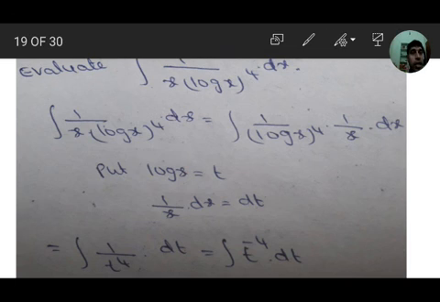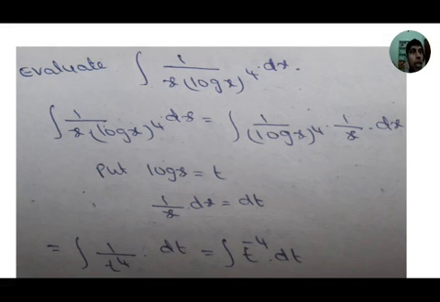Evaluate the integration of 1 by x into (log x) whole to the power of 4 into dx.